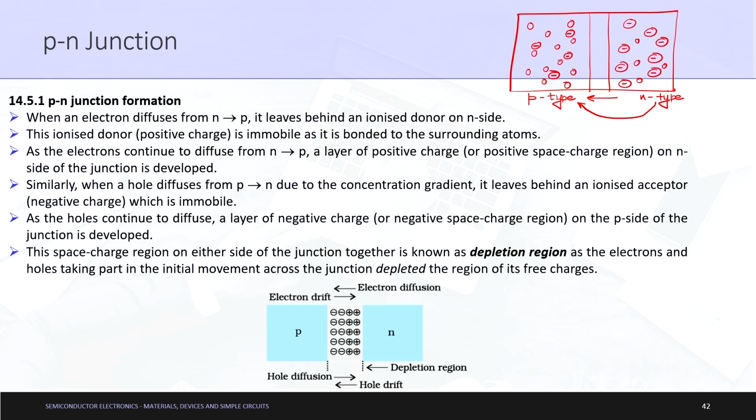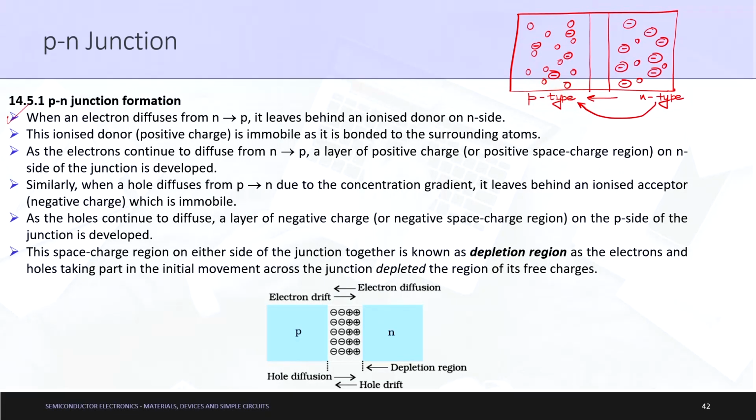If a negative charge is moved from one position to another, there can be two ways of saying this. One way is that an electron or a negative charge is moved from the n side to the p side, or in another way, that there was a generation of a positive charge on the n side. So there are two ways of saying this same concept, and they are just utilizing those concepts here.